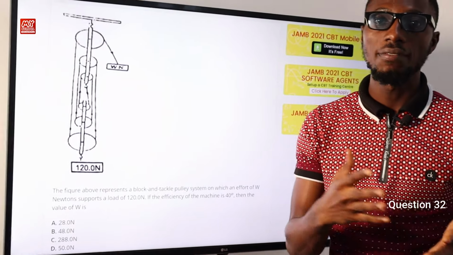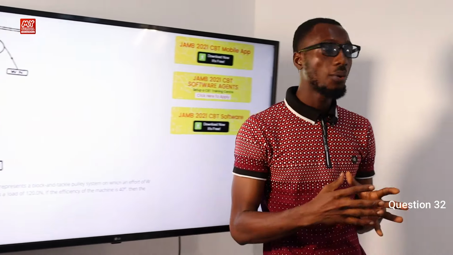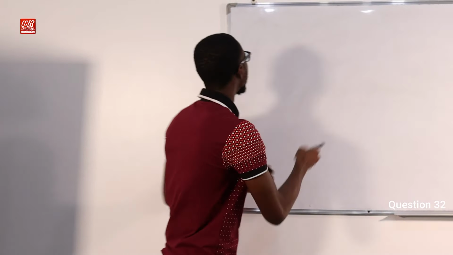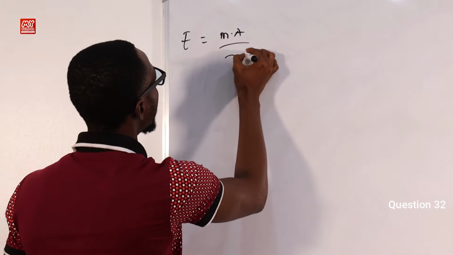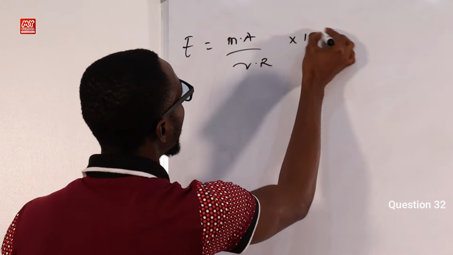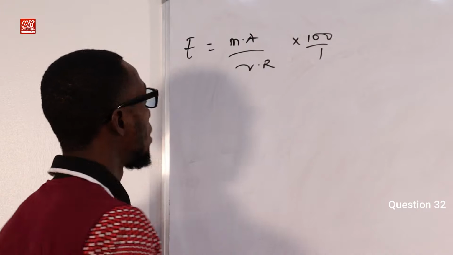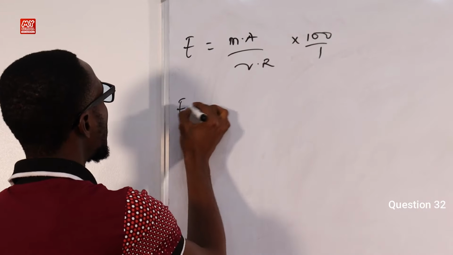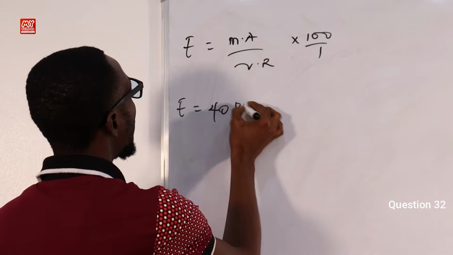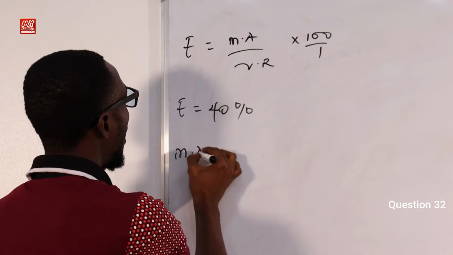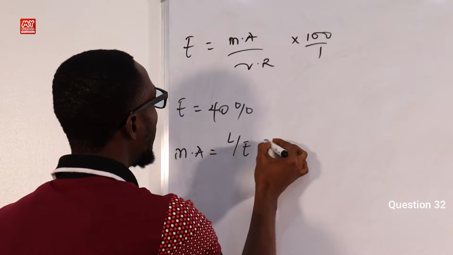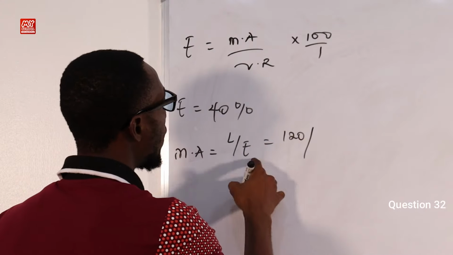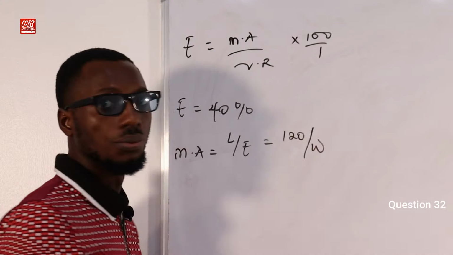Recall that efficiency for a machine equals MA over VR, that is mechanical advantage over velocity ratio, multiplied by 100. That's for efficiency percentage, and we are given efficiency as 40% from the question. Our MA is load over effort, so we have a load of 120 over the effort, W.